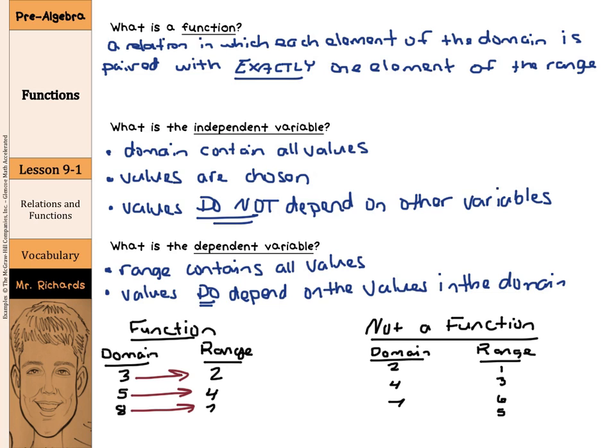And I pair up the 2 with the 1, the 4 with the 3, and the 7 with the 6 and the 5? Well, that's not a function because the domain does not have exactly 1 in the range. Here there's 1, here there's 1, but here there's 2. You can't have that. Each domain must have exactly one element of the range.